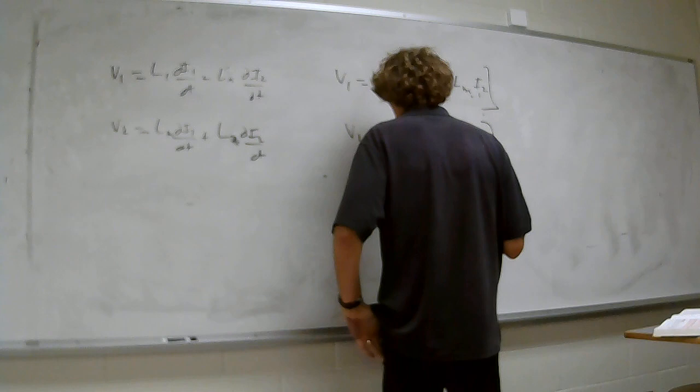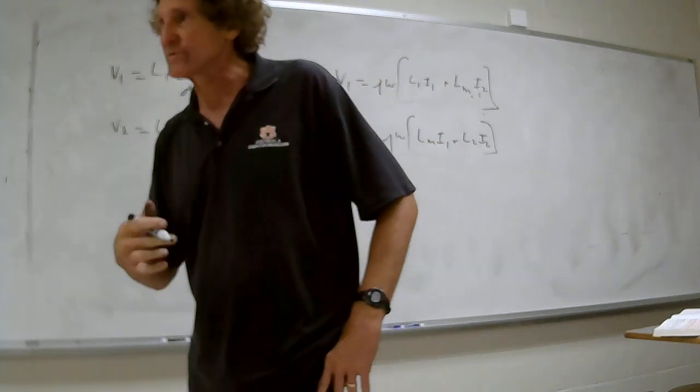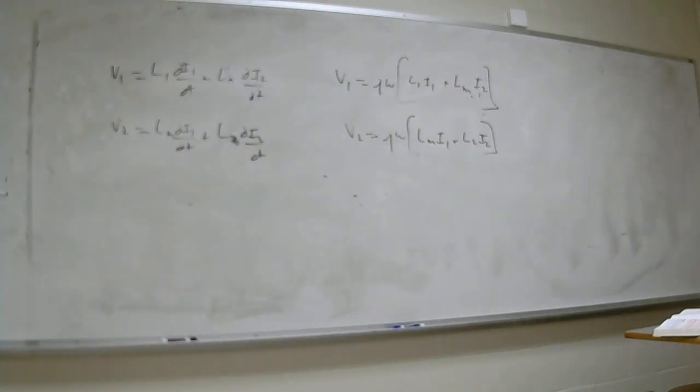And they write these in terms of a matrix form too. I'm just showing you. What it really means is the relationship between voltage and current on one side or the other side of what can be thought of as a transformer. It's a magnetically coupled circuit.